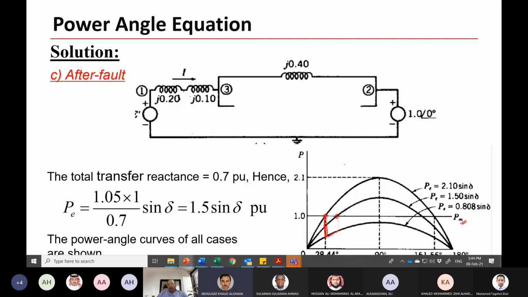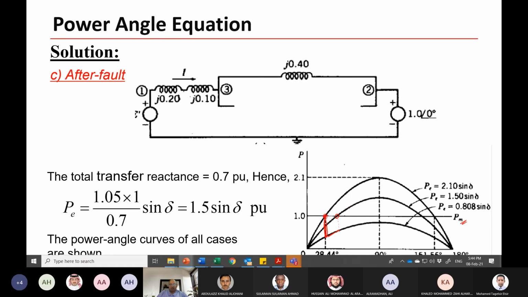Yes. Okay, tripping the line. How do you match that the line is tripped here at this point? These curves are developed without knowing the fault duration.